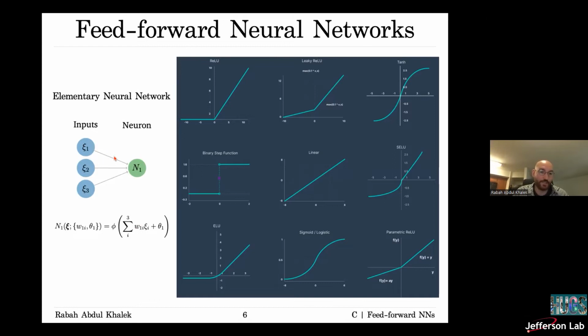You can see them as these arrows here. So these weights multiplied by the inputs, plus some bias, theta1, that you add linearly. And this is it. This is what neural networks are. It's just a chain of these elementary nodes.